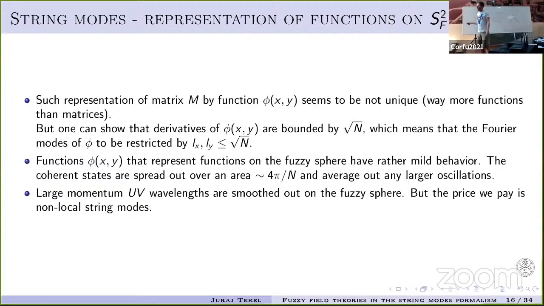So we got a function representation of the matrix that is very nicely UV behaved. It's very mildly changing. However, the price we had to pay is that we needed to switch from the local basis to this non-local basis of string modes.